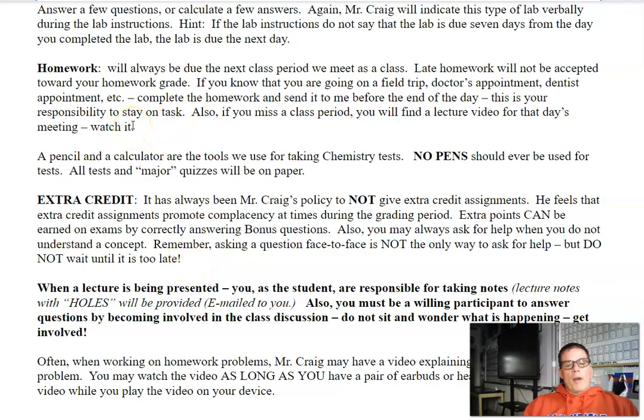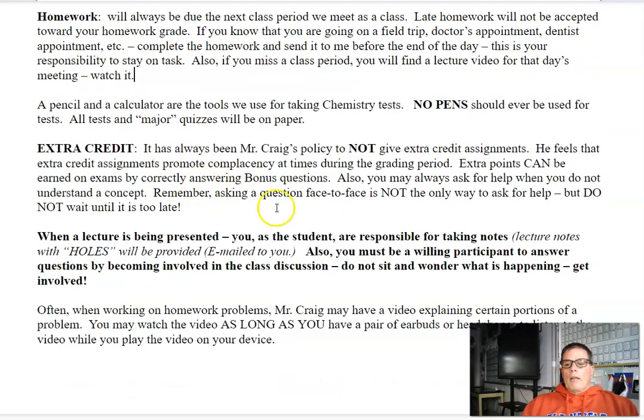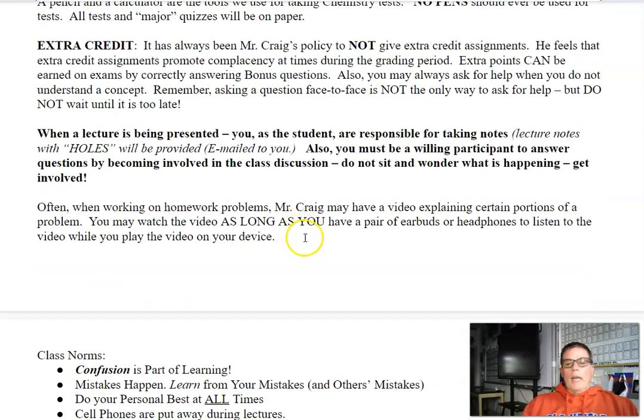So the grade that you get is the grade that you earned. So make sure that you are doing what you need to be doing. And please do not wait until the last day to ask, what can I do to get my grade to whatever. The lectures, we'll talk about that here in a moment when I go to the Google Classroom.